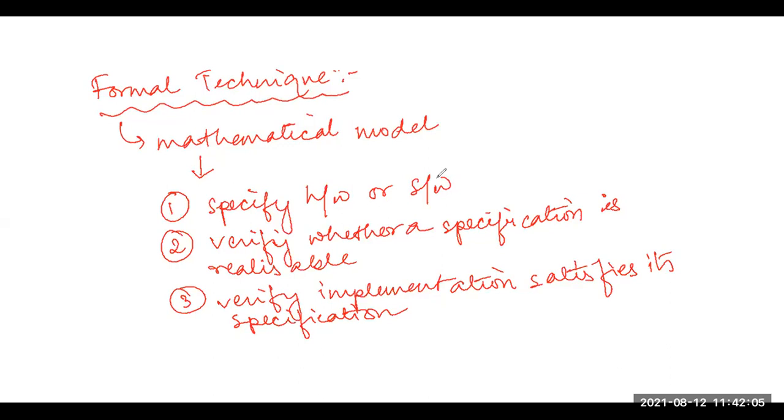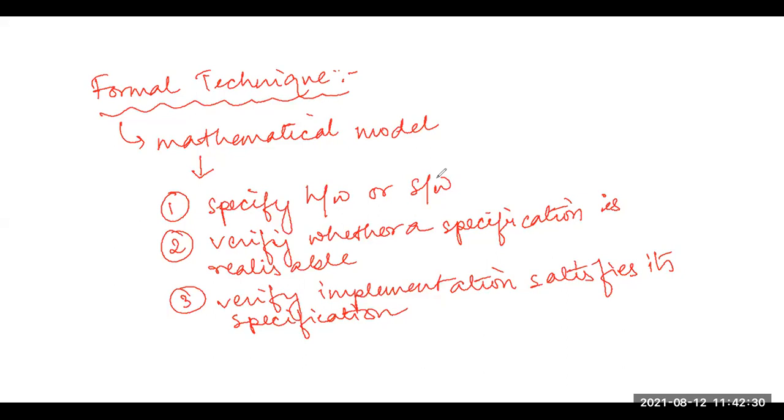So the mathematical basis of a formal method is definitely provided by some language. Whenever you learn any mathematical language, like in case of database you learned relational algebra, there was some specification language in order to learn that.